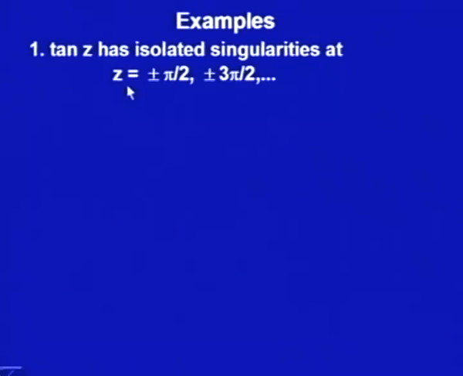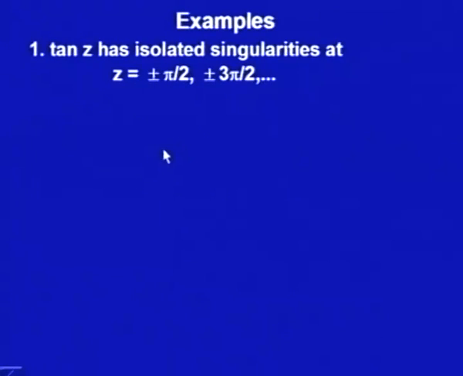If I take pi by 2, for example, then tan z is not analytic at pi by 2, but pi by 2 is the only point at which it is not analytic. At any other point in the neighborhood of pi by 2, tan z is analytic. So it has an isolated singularity at pi by 2. Similarly, we can check each of these points.